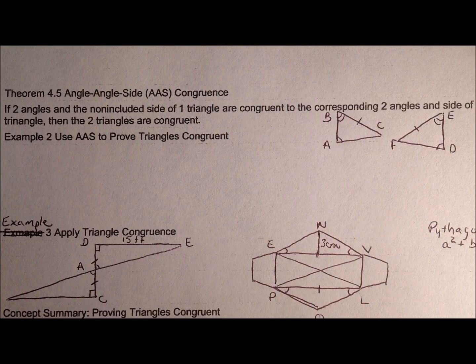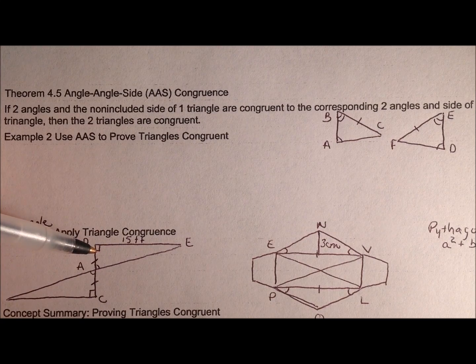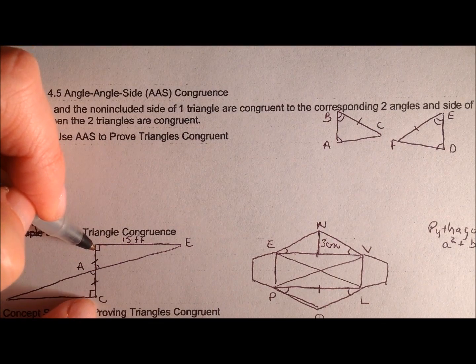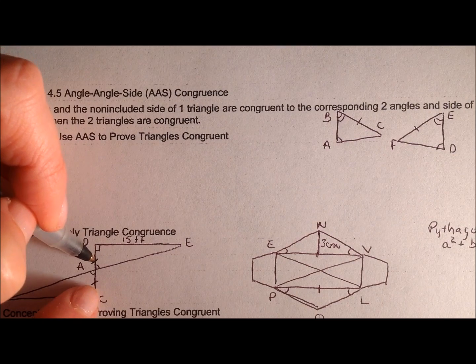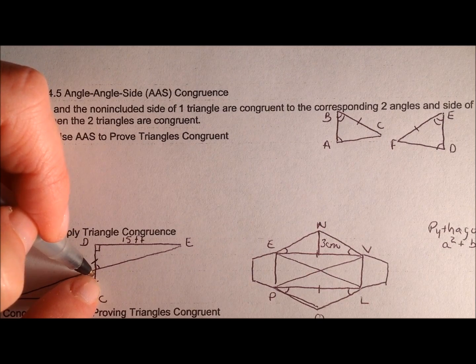So think about this for a little bit. We have a side here that's given, but we have an angle and a side and an angle. We have angles that are congruent, an included side that's congruent, and then angles that are congruent again.